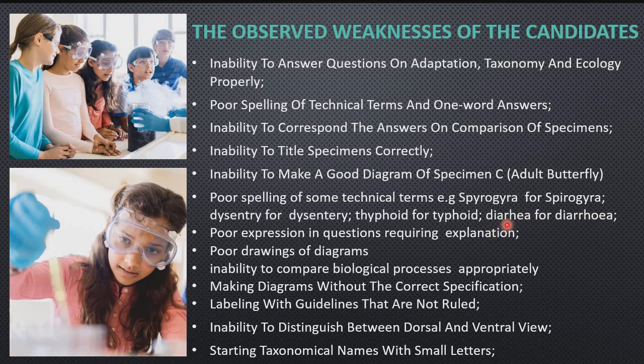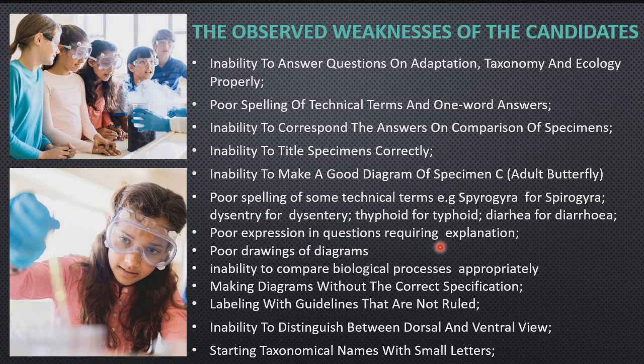So you see some of these, and with any mistake in spelling, the person will not get the mark. The mistakes observed in these technical terms affect the mark of the student too.